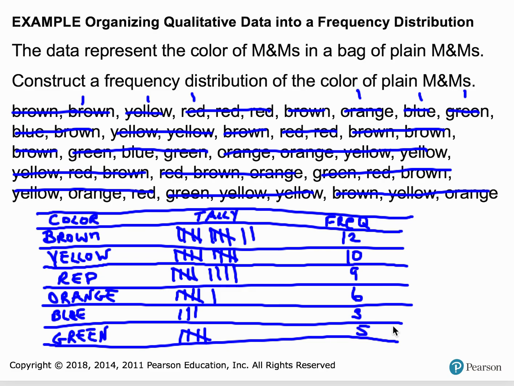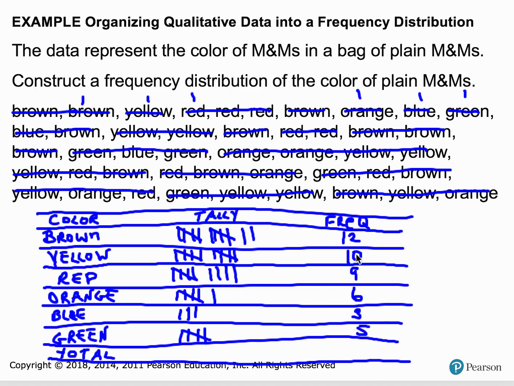Now, in any frequency distribution, it's a really good idea, though you don't see it 100% of the time, to have a bottom row with your total and add these up.